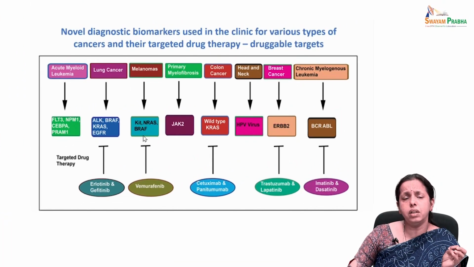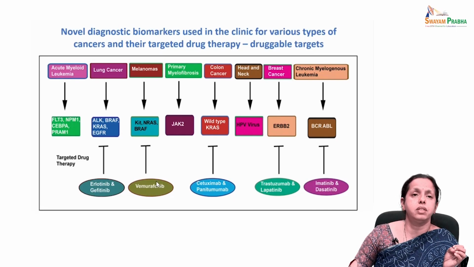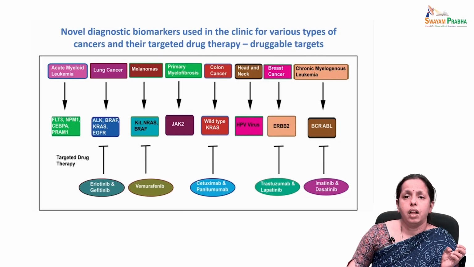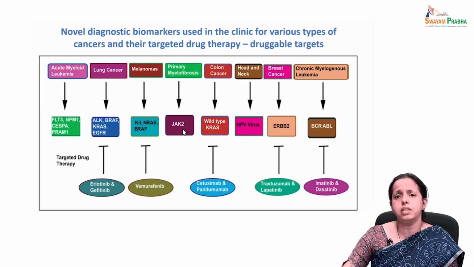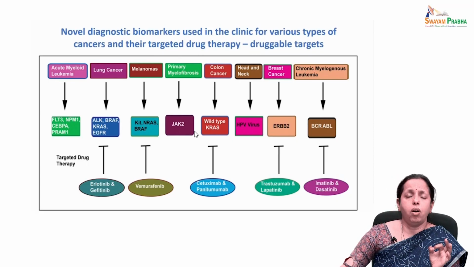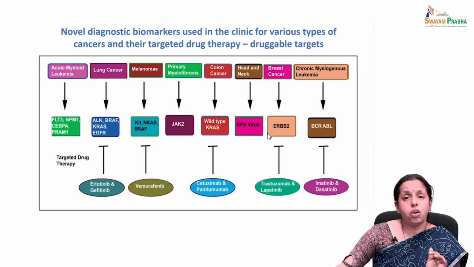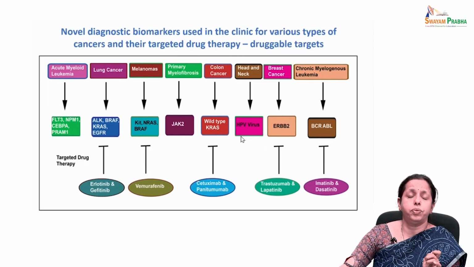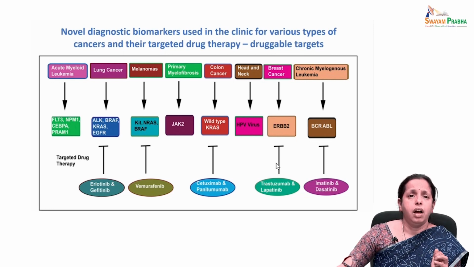For melanomas, we have BRAF, for which vemurafenib is the drug. All these molecular markers and biomarkers have very good consequences for the therapeutic management of these cancer patients.